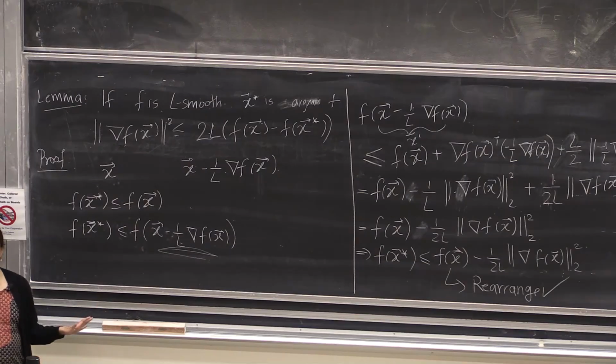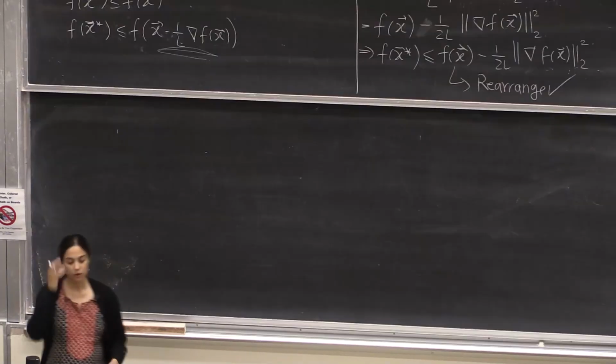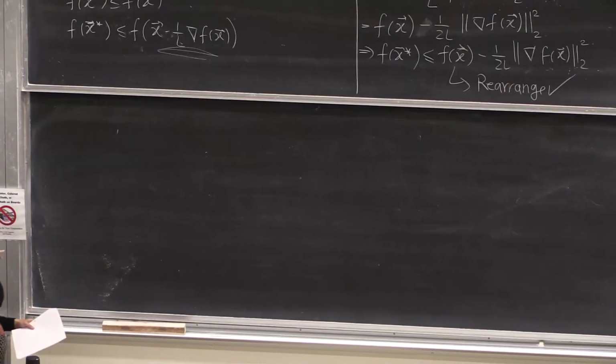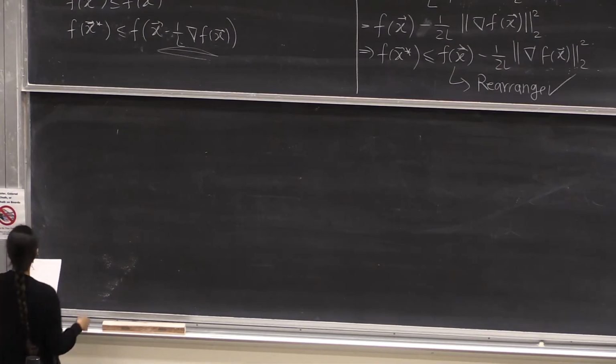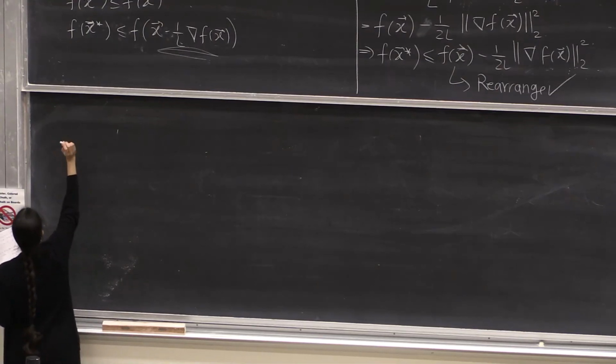Okay, we're good? Everyone on top of this lemma? Okay, now we can use it. So now what we want to be able to do is prove that we're converging eventually to our minimum, right? So we want to prove something of the form: theorem.